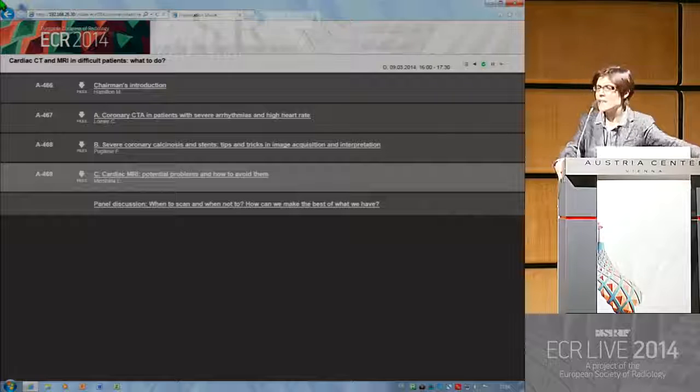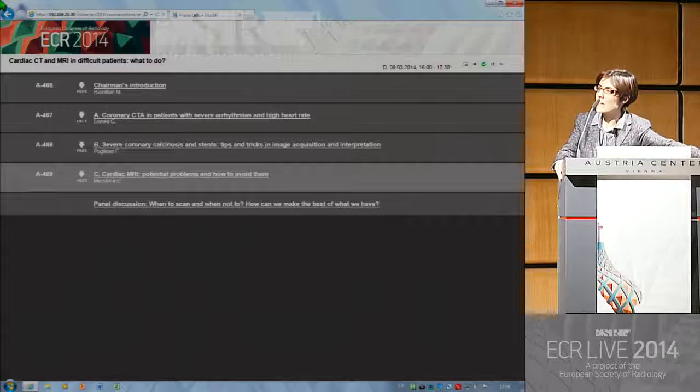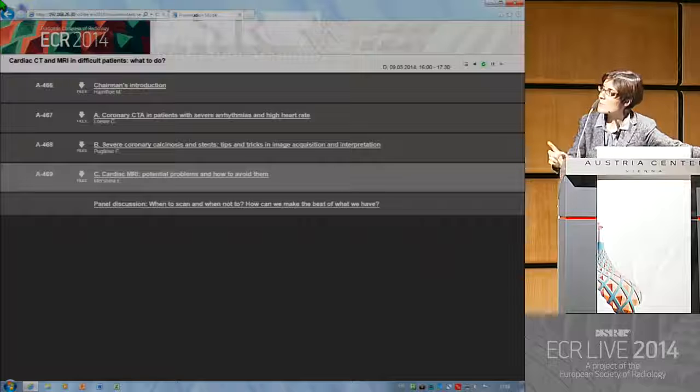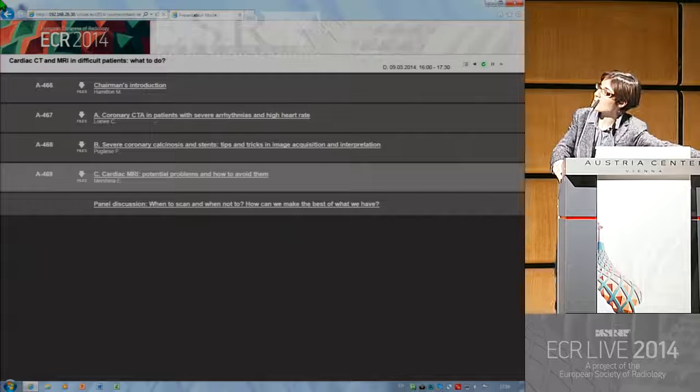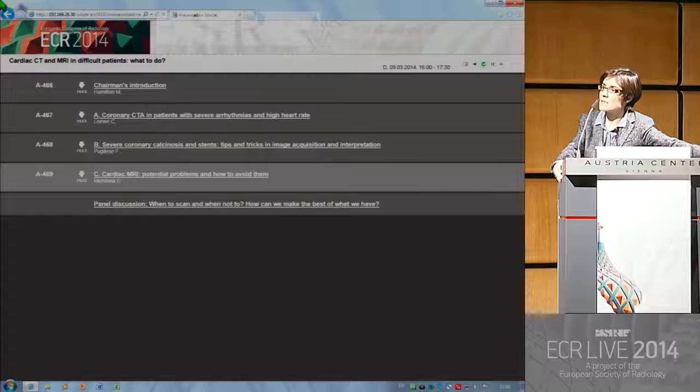Yes, point very well made. As a matter of fact, the latest document I've shown you, the one about multimodality imaging in ischemic heart disease, says that you don't always have to test patients who have a stent somewhere in the coronary tree if they are asymptomatic.